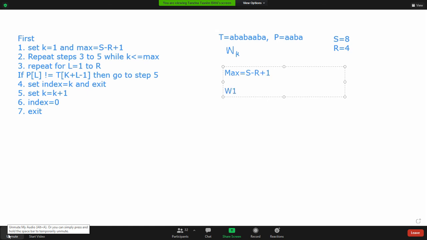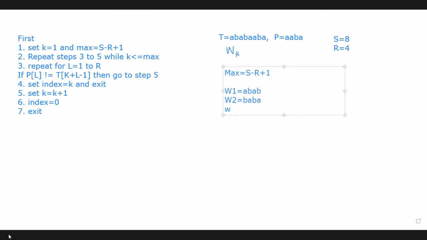The first, W1, equals to A B A B, the second, W2, equals to B A B A, the third, W3, equals to A B A A, the fourth, W4, equals to B A A B, and the last one, W5, equals to A A B A, right? So these are the 5 substrings that we got.